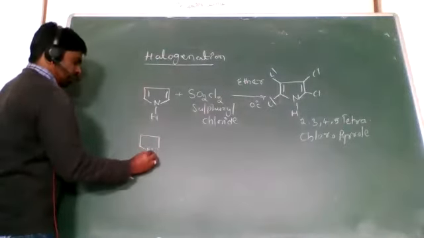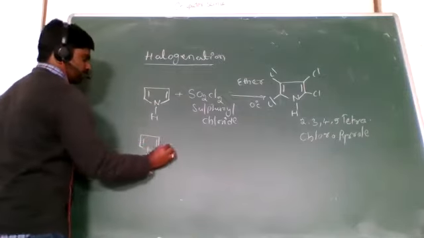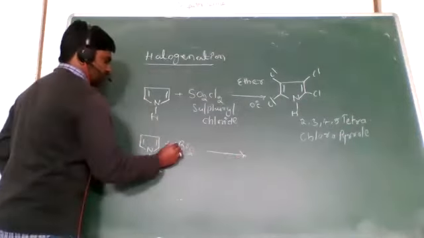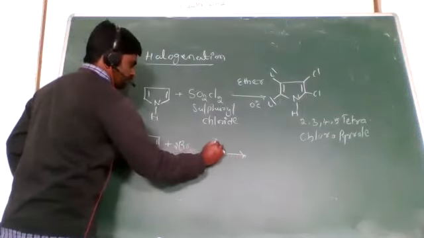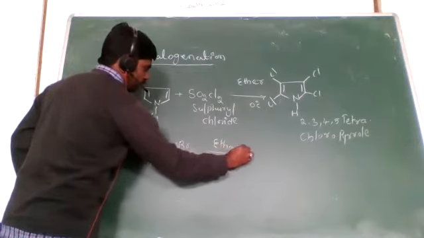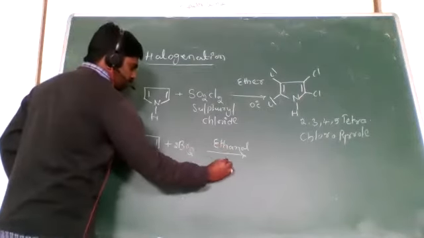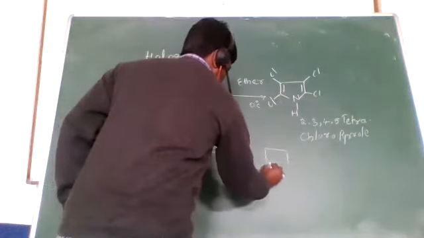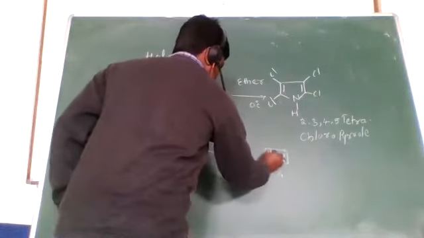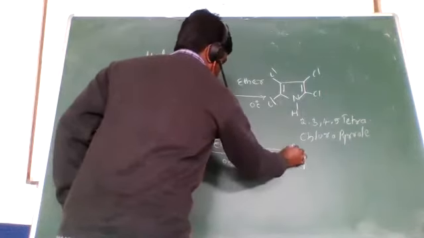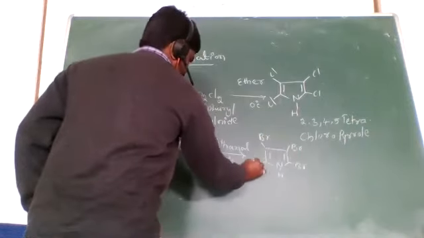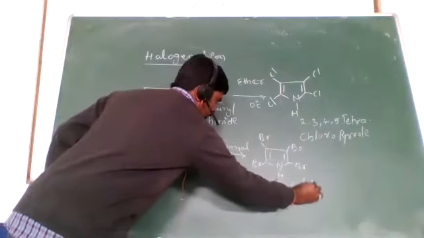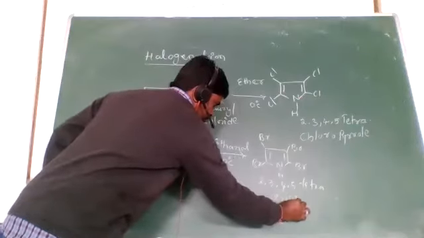Now maybe it reacts with bromine. Pyrrole reacts with bromine, for example taking 2 moles, in the presence of ethanol, that alcohol, at 0 degrees Celsius, to form 2,3,4,5-tetrabromopyrrole.